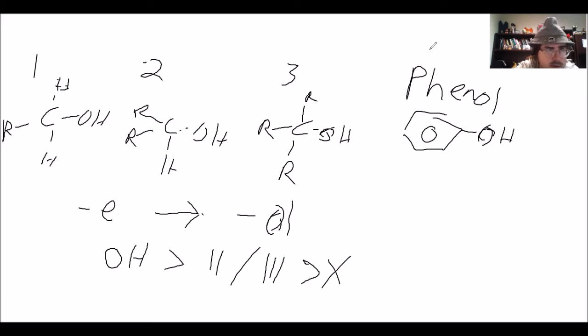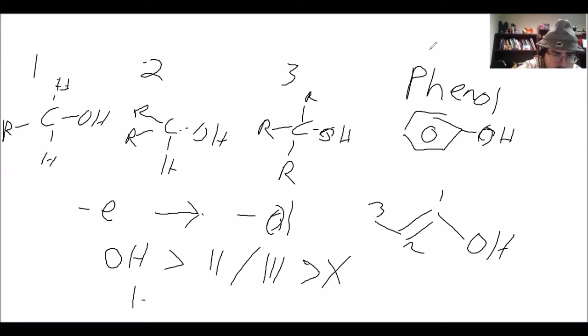So, for example, if we had a choice of like, okay, I've got 1, 2, 3. That'd be 1-propen-1-ol.